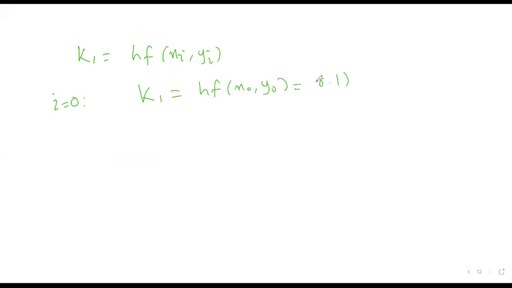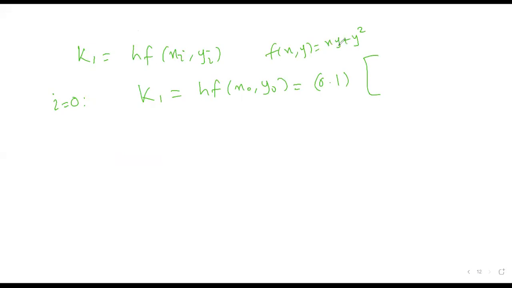Now let's find our answers. k1 is equal to h f of xi, yi. In case of i equal to 0, k1 will be h f of x0, y0. h will be 0.1. And our function f of x, y is equal to xy plus y square.